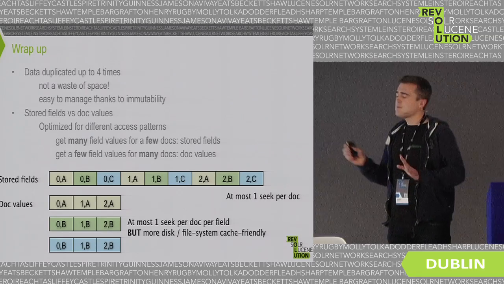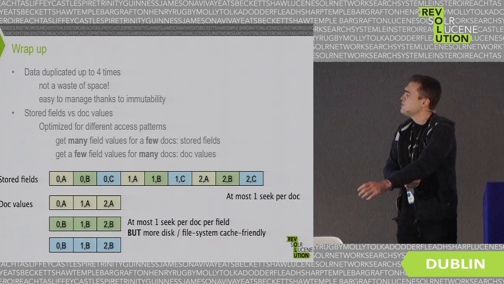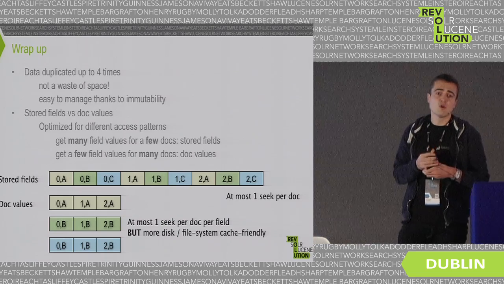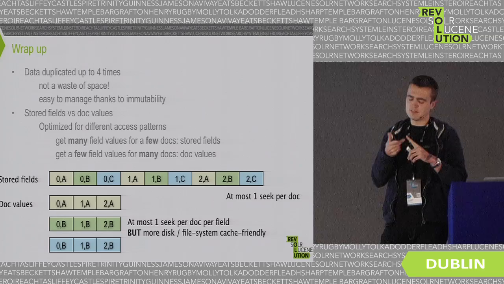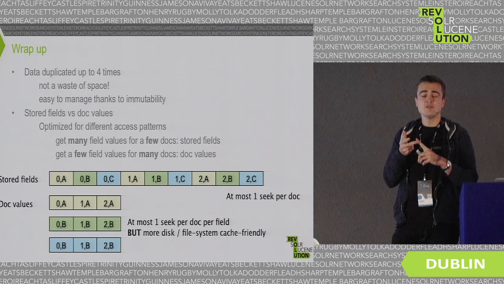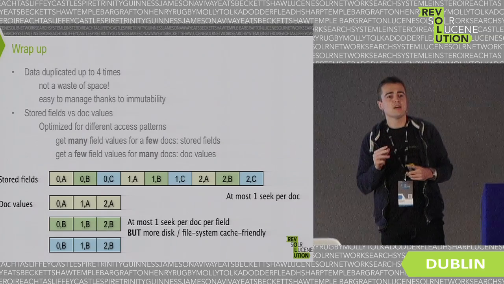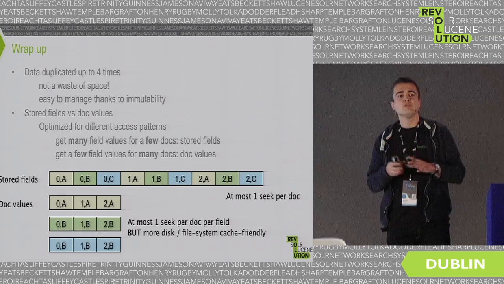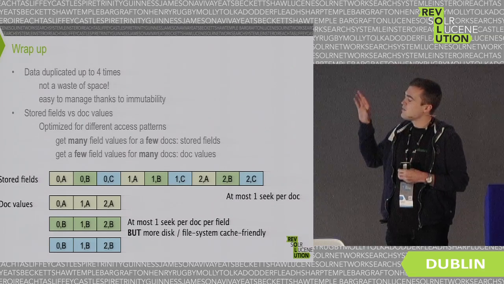So let's wrap up what we just said about a Lucene index. If you counted, we can duplicate data up to 4 times: once for stored fields, once for the inverted index, once for doc values, and once for term vectors. But this is not a waste of space at all because all these APIs have different access patterns, and Lucene is storing data in a way that is going to be fast to access for these APIs.